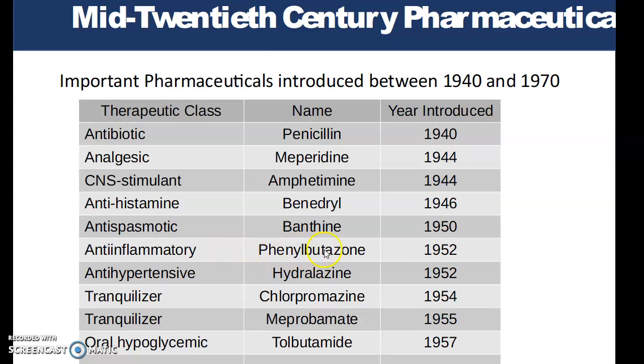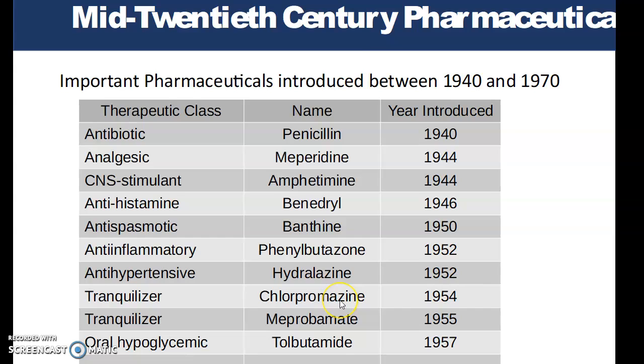You damage a horse's muscle, and it's not a good thing to be injecting into anyone. But as an anti-inflammatory, it started in 1952. It needs to be in very, very low dosages if you're going to use that. The first antihypertensive was hydralazine, and that started in 1952.